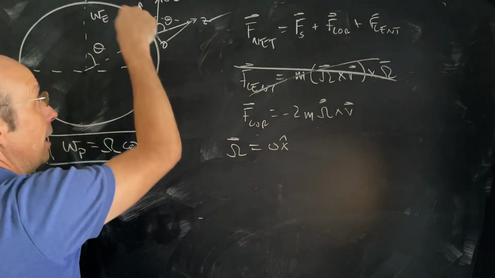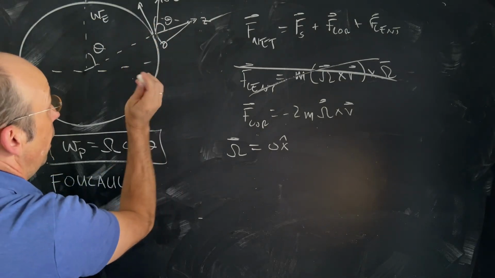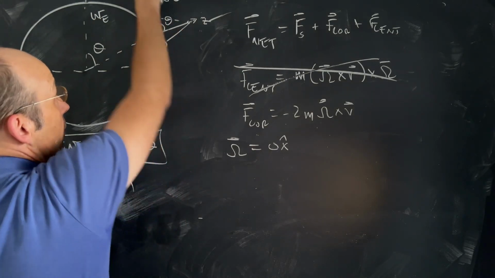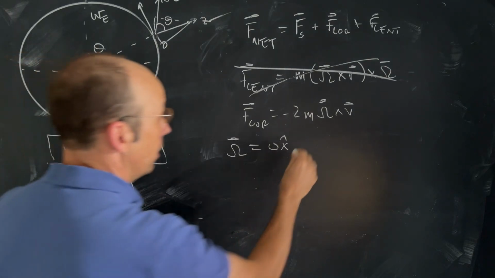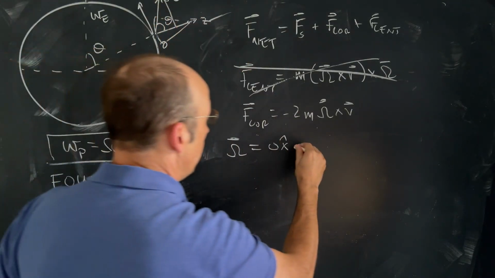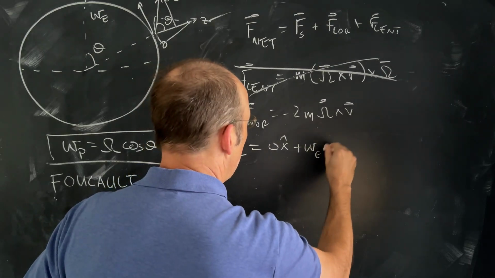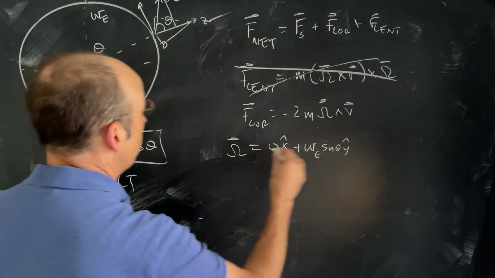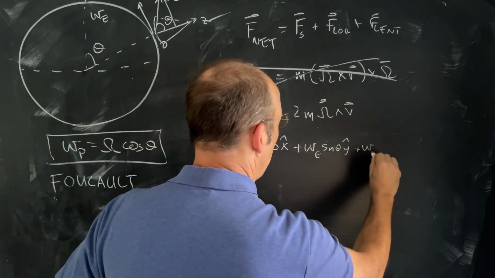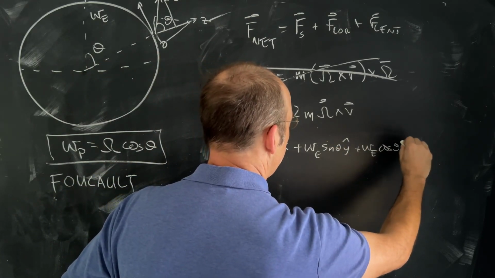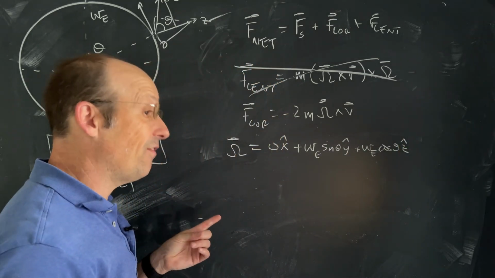Because x is in and out of the board. It's actually into the board. But it's not in any component in there. The y component is going to be right here. That's going to be omega Earth sine theta. And then the z component is going to be plus omega Earth cosine theta. Okay, so I can find that vector.